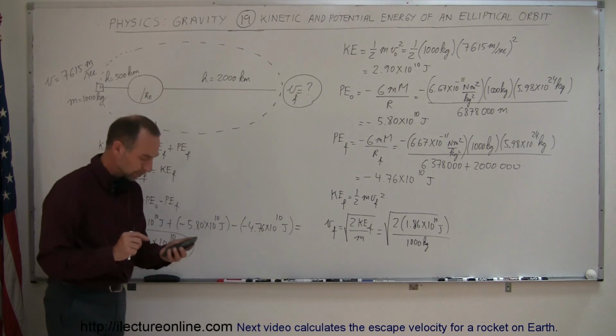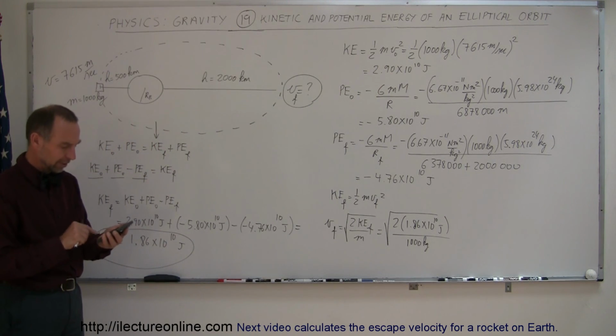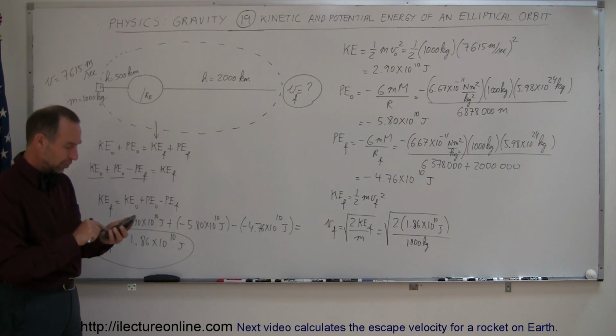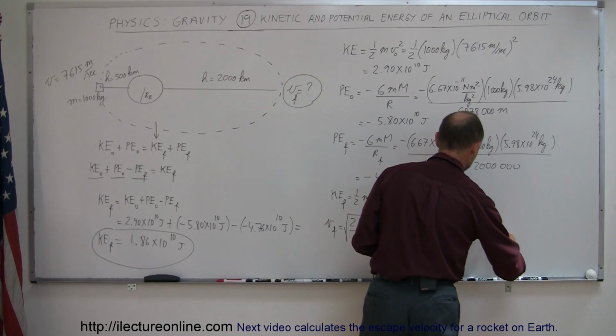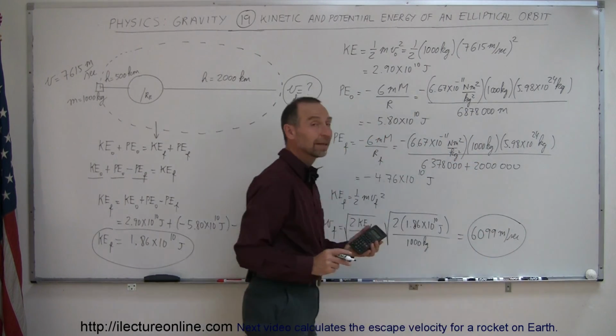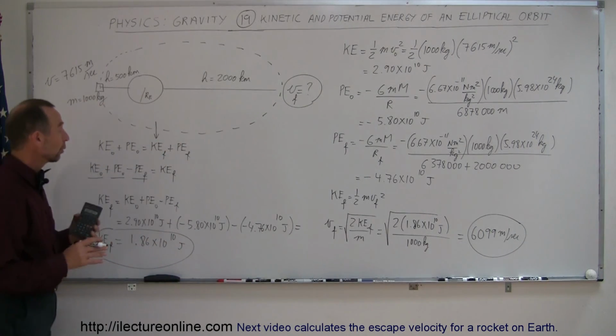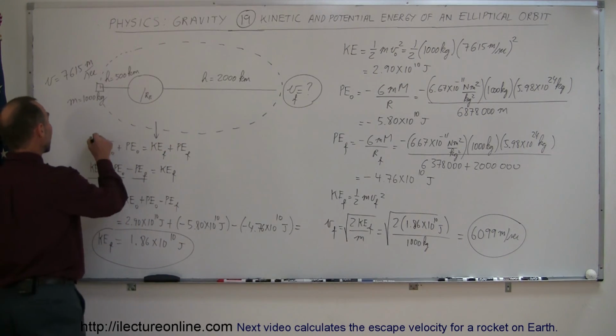So divide this by 1,000, multiply times 2, and take the square root, and we now have a velocity of 6,099 meters per second.